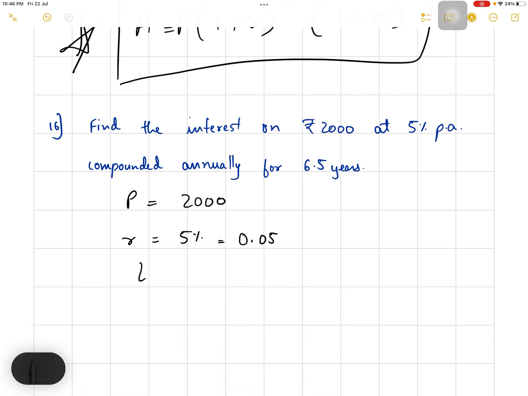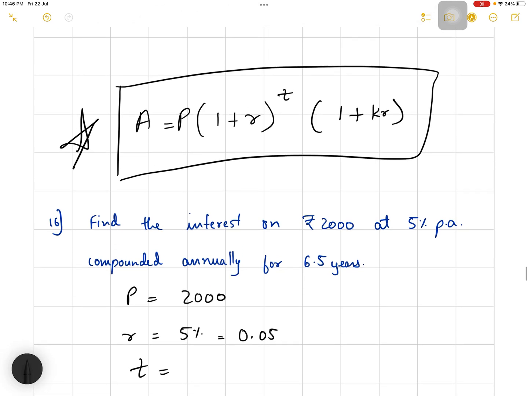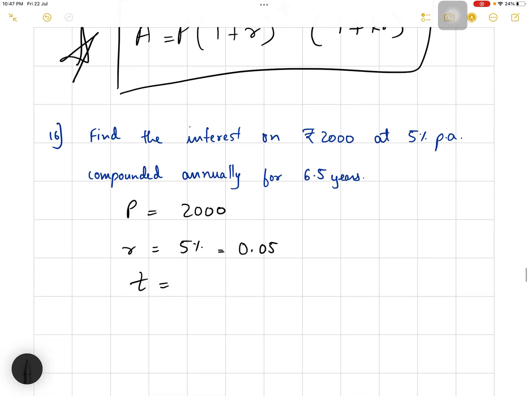I'll write T is equal to 6 years, and K is equal to 0.5, or I can also write 1 by 2.